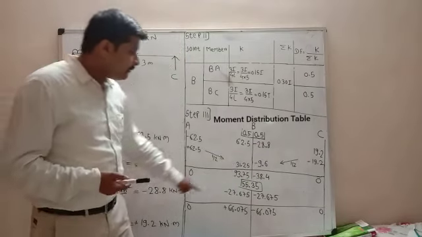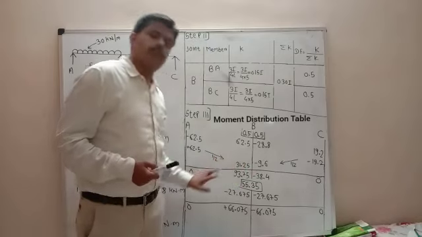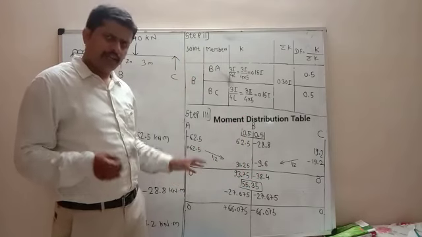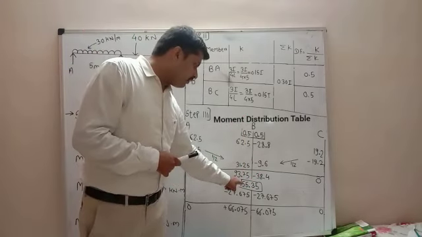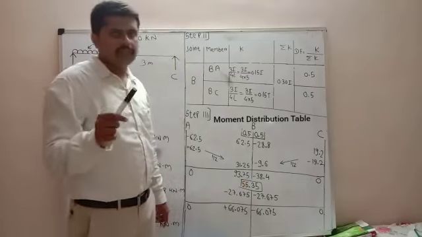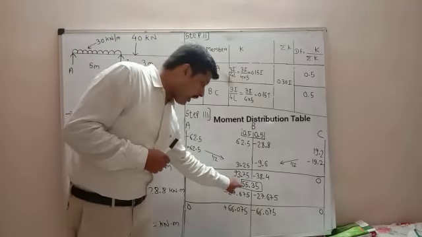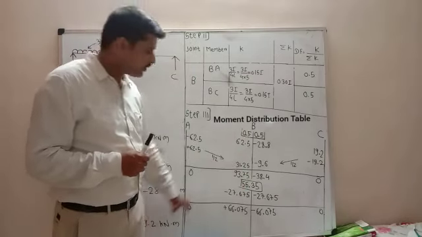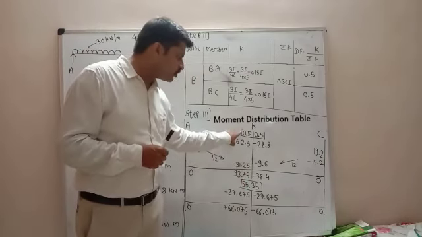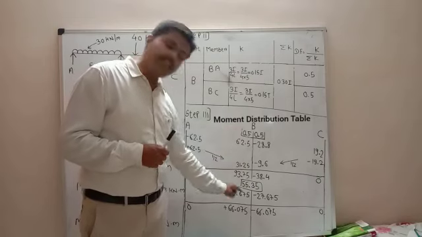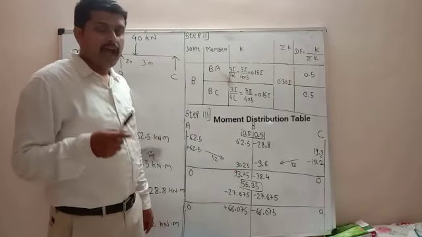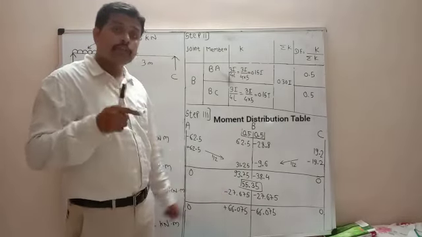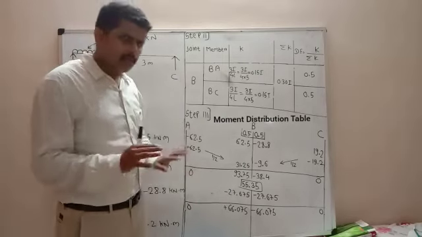Now the next step will be to add these two values. That is 93.75 minus 38.4. That is, we are doing addition. So we will get 55.35. Multiply this 55.35 with the distribution factor. So 55.35 into 0.5 will be 27.675. As I have already told in the previous lecture, we have to write this value with opposite sign to balance the moment.